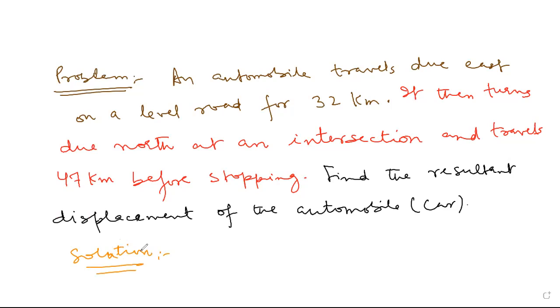It then turns due north at an intersection and travels 47 kilometers before stopping. Find the resultant displacement of the automobile or car. As you can see, the automobile is displaced twice, so it experiences two displacements.